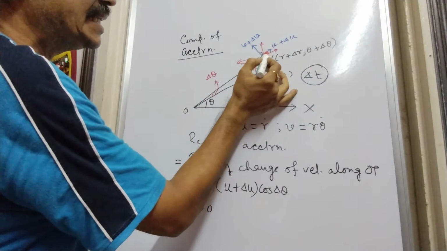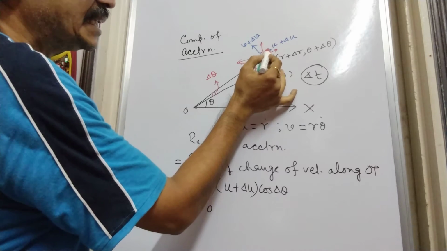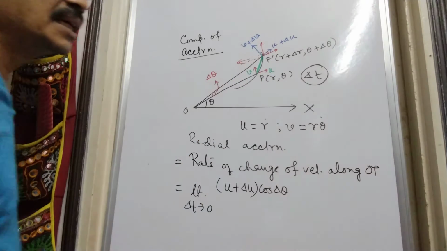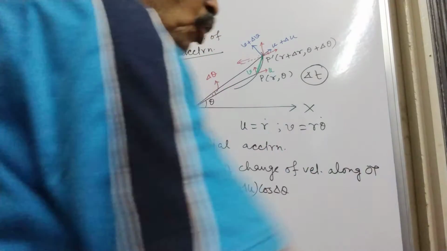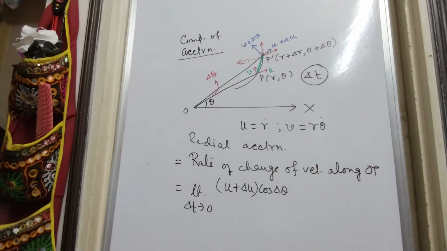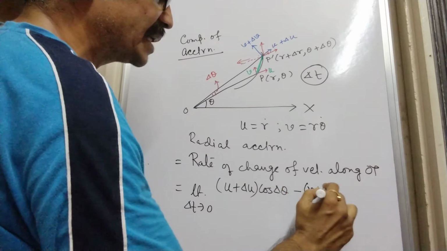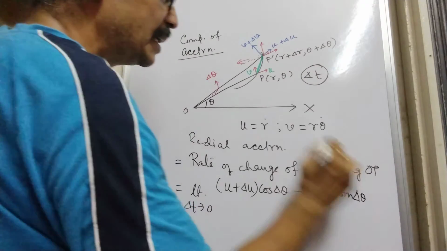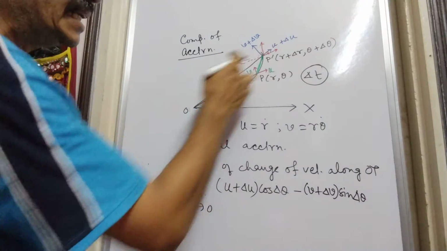Since this is delta theta, this is 90 minus delta theta, and since this is 90 minus delta theta, these two are perpendicular, so this is also again delta theta, and this will be 90 minus delta theta. So the component of v plus delta v along this will be cos of 90 minus delta theta, which is minus sin delta theta, so this will be minus v plus delta v sin delta theta. The sense is in the opposite direction along this extended red line.